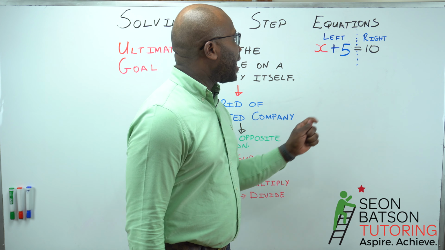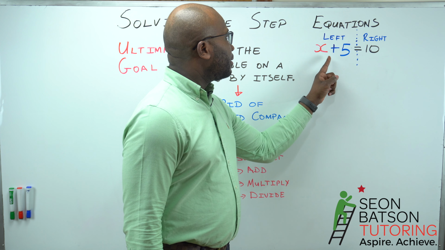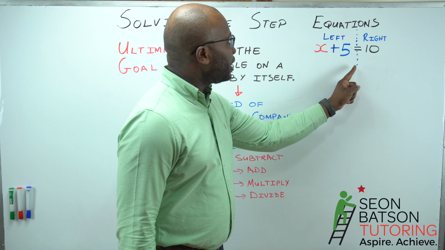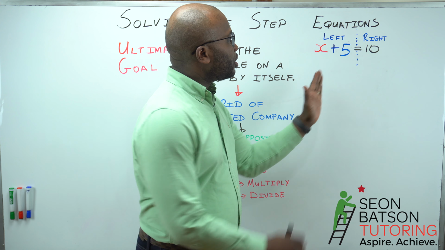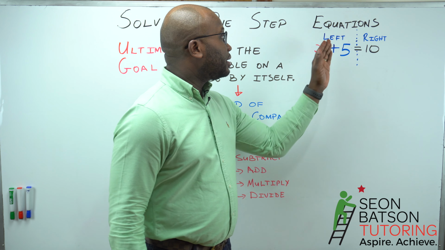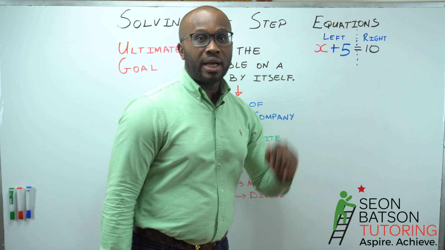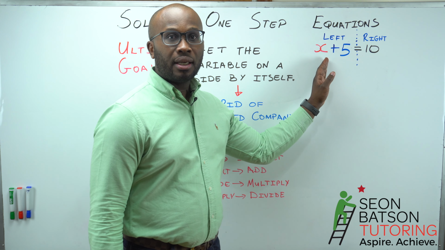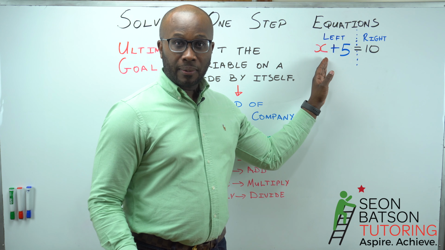First example here, we have x plus 5 is equal to 10. Now note, the equal sign splits or divides the equation into two sides, the left side and the right side. Our variable x is on the left side.